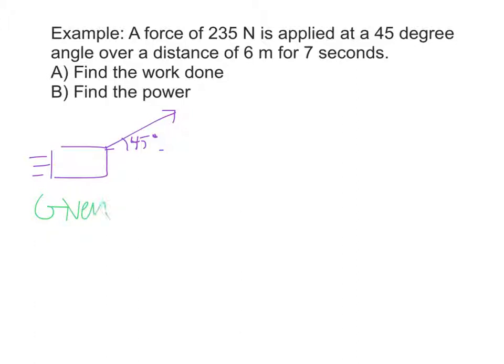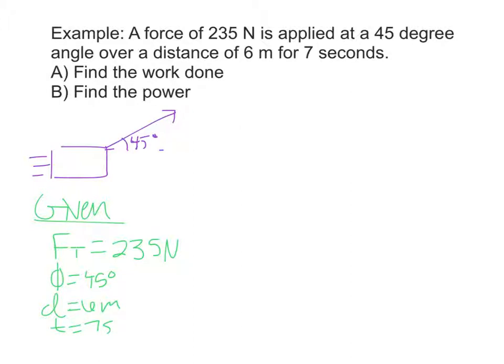So our given information, we know that, just call it a tension force, it doesn't really matter. The tension force is 235 newtons. The angle phi is 45 degrees. The distance is 6 meters, and the time is 7 seconds.